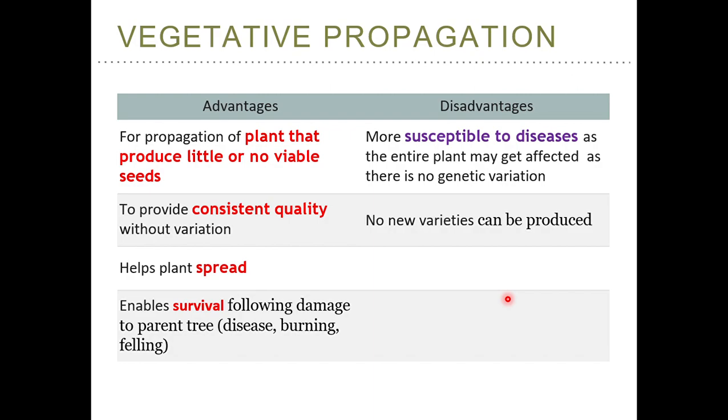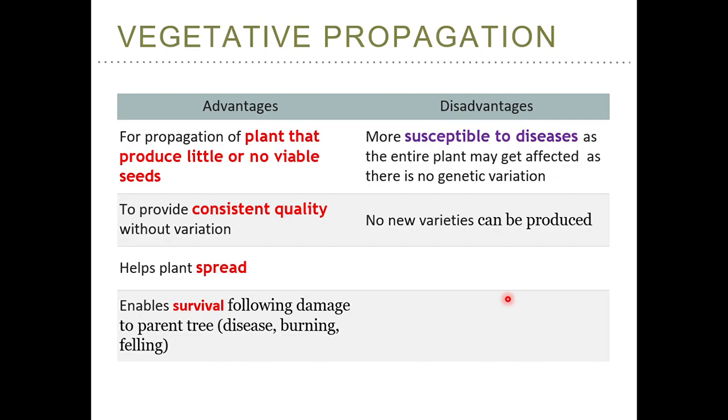There are several advantages and disadvantages of vegetative propagation. For advantages, it allows propagation of plants that produce little or no viable seeds. It is important for plants that produce no seeds because they can be propagated using only the stem, leaf, or other parts such as root.